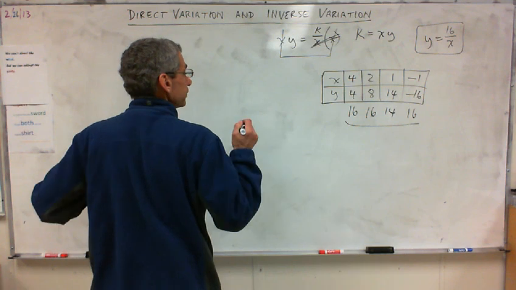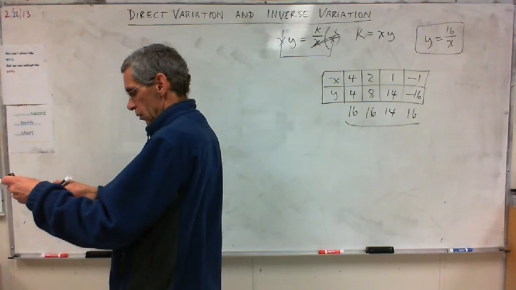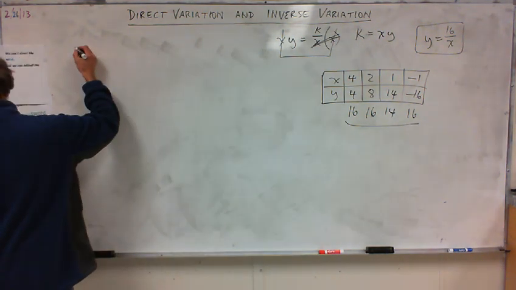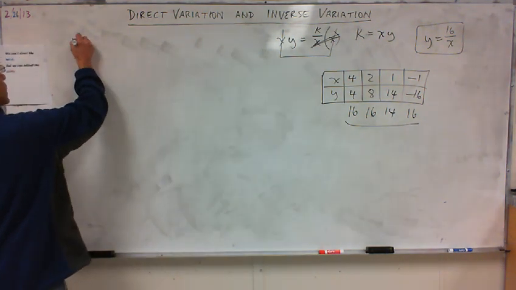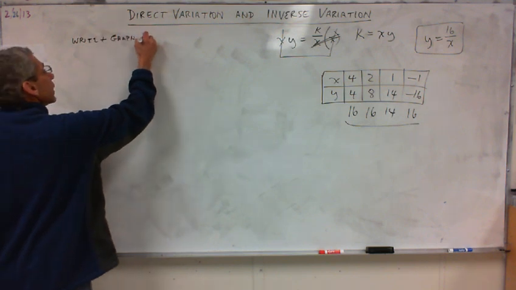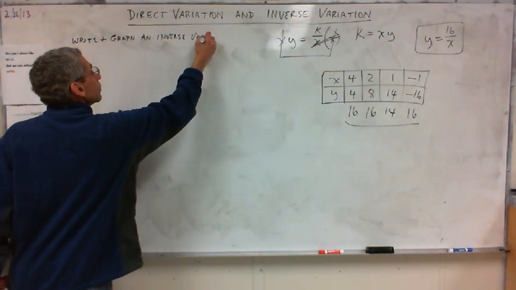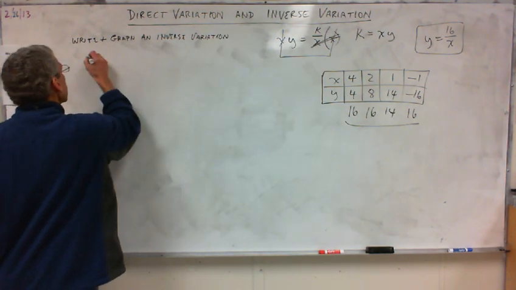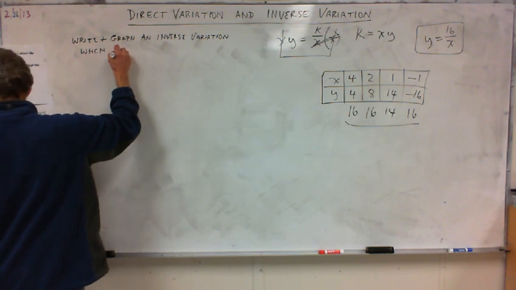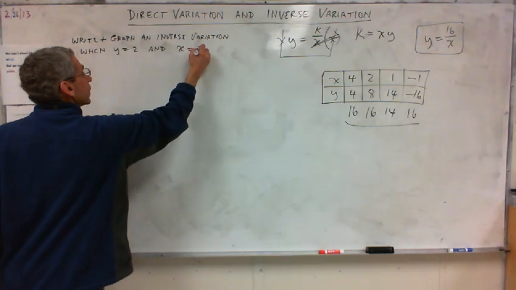So let's try one. Wait, what's the homework? Let me make sure I don't give you the one on the homework. Okay, so let's say, write and graph an inverse variation when y equals 2 and x equals 3.